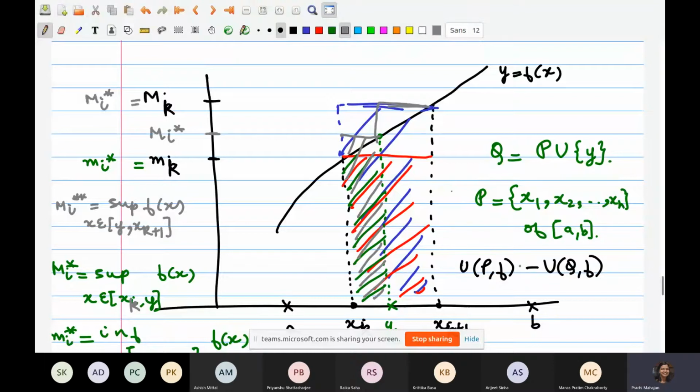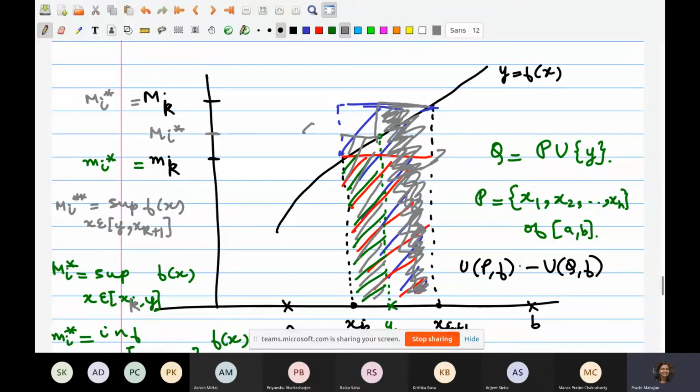So the area of this gray box is smaller than the area of the blue box, which means that the upper sum corresponding to the partition Q is smaller than the upper sum corresponding to the partition P. The upshot of all of this discussion is that if you add more and more points to the partition, you get a better approximation to the area.